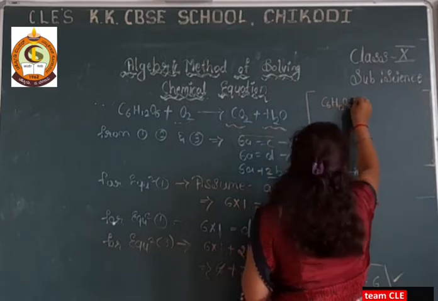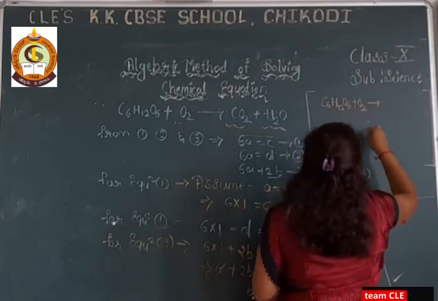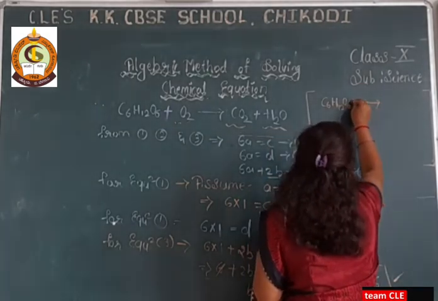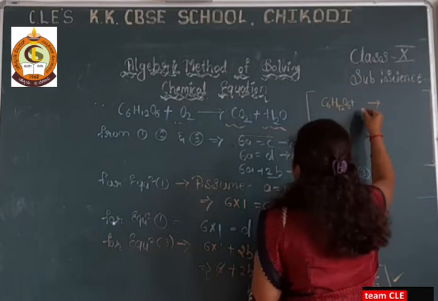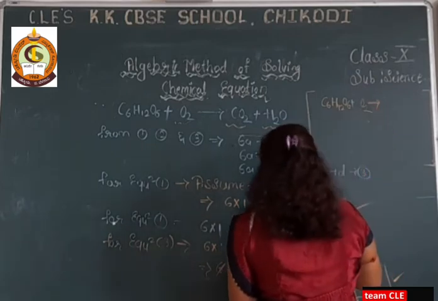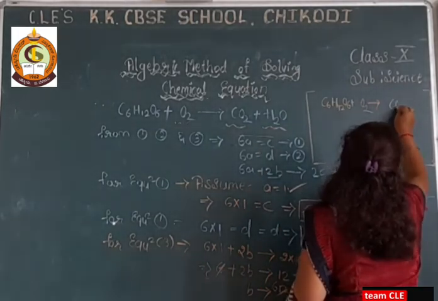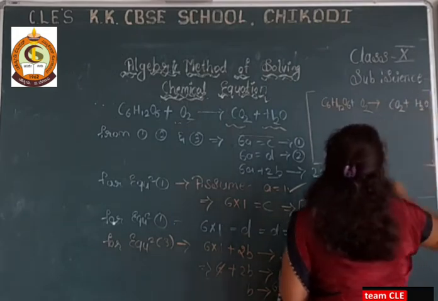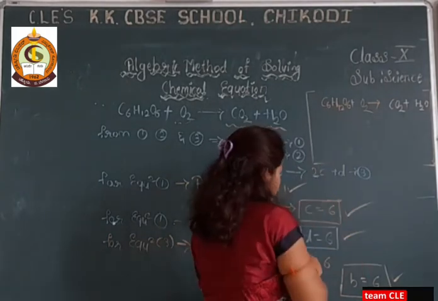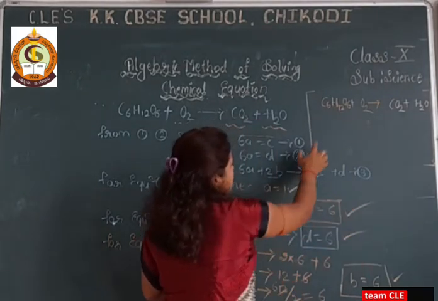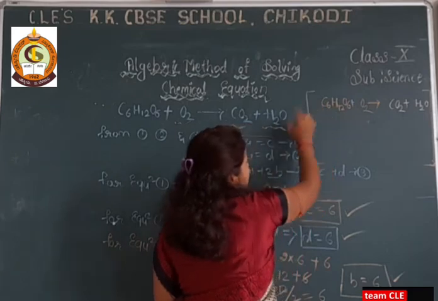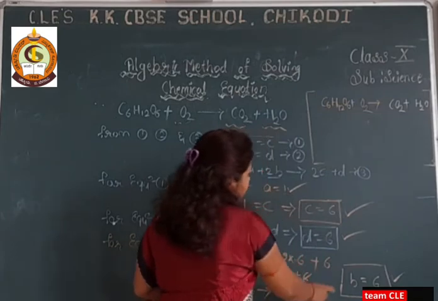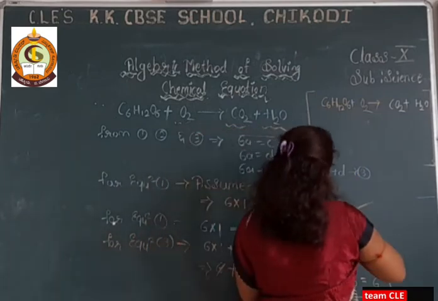C6H12O6 plus O2 gives rise to, just leave some space here for writing the values, CO2 plus H2O. So dear students, what is the A value? It is 1. So there is no need of writing anything here in the first reactant part. What is the value of B? B is 6.